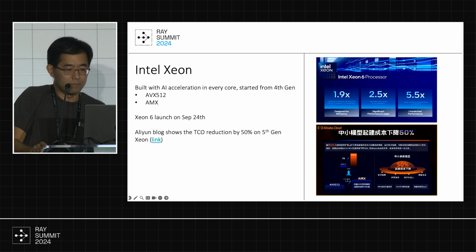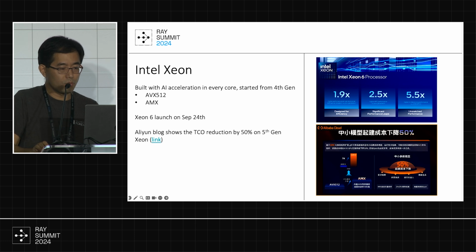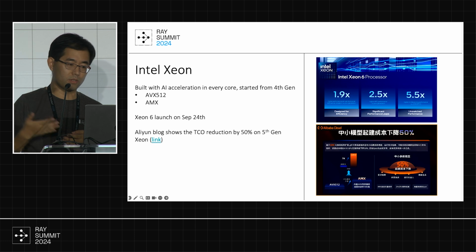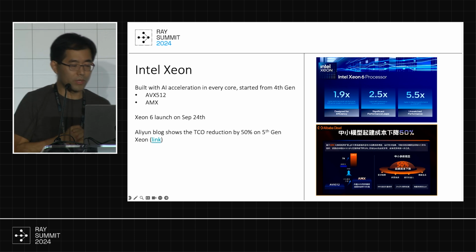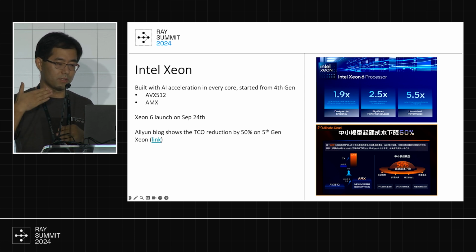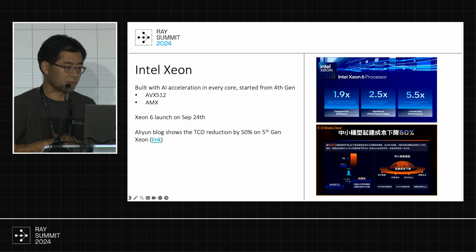For HPC workloads, it can deliver up to 2.5x gen over gen. It also delivers a 5.5x speedup for AI inference workloads compared to our competitors. Xeon 6 is already available on Intel's developer cloud, and we are working with our partners to make it available to all of our customers, partners, and users.